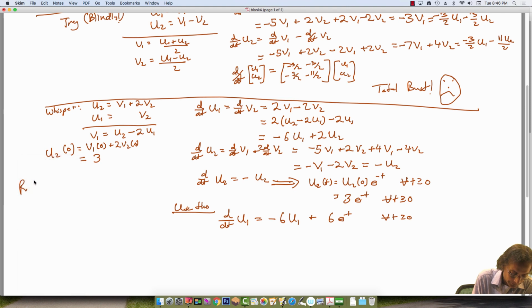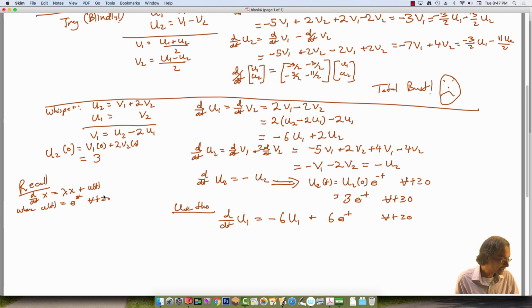Recall that when you had a differential equation d by dt x equals lambda x plus u of t, where u of t equals e to the st for every t greater than or equal to 0, we worked out this thing's solution.